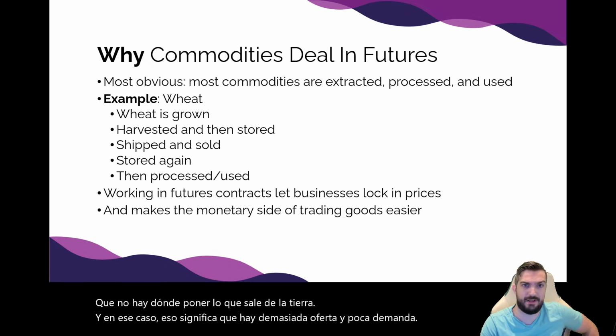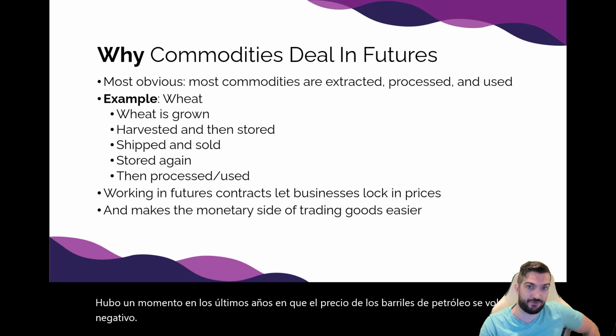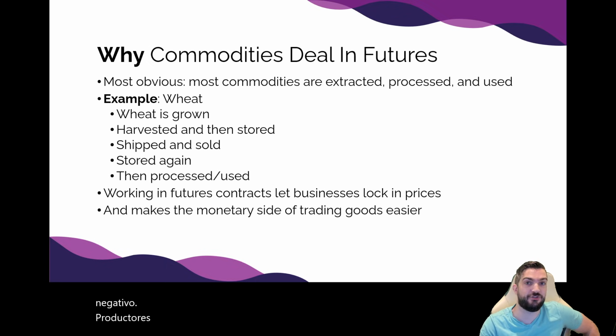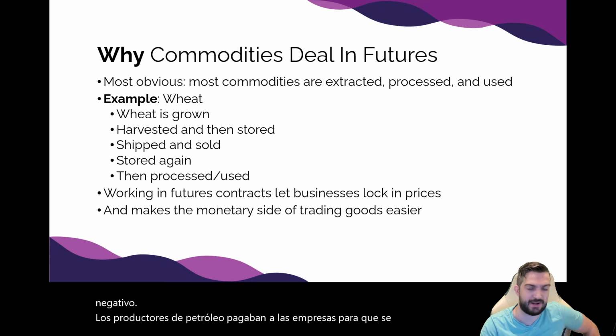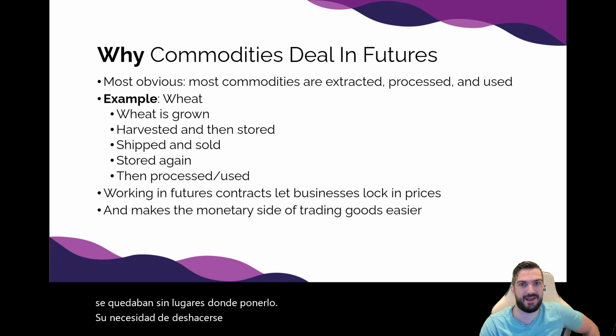There was a point in the past couple of years where the price of oil barrels went negative. Oil producers were paying companies to take the oil because they ran out of places to put it. Their need to get rid of their supply was way higher than demand, to the point where they were paying people to get rid of it.